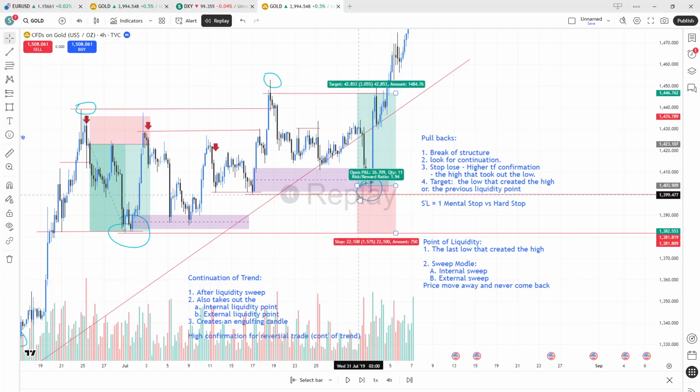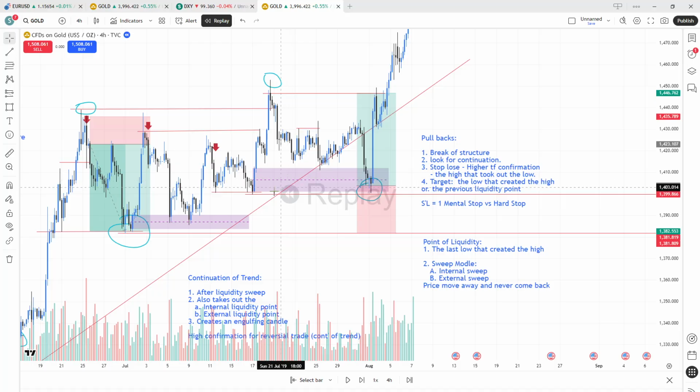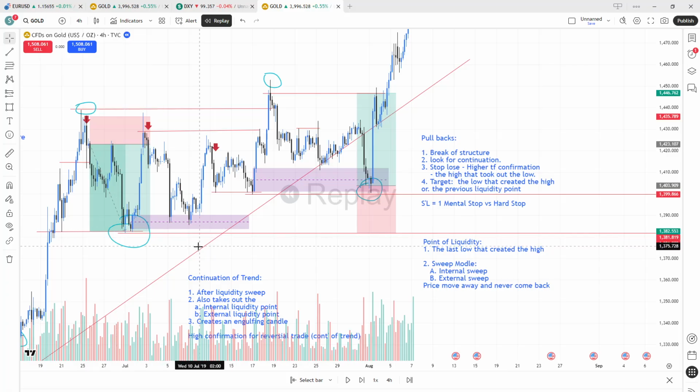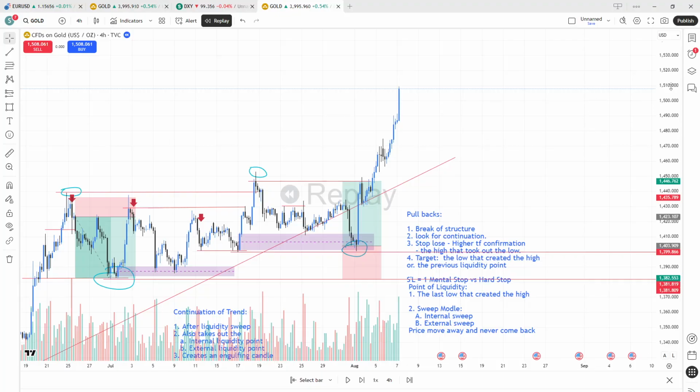They're going to shake them out with this pullback. All of them are going to sell, and then price goes for that continuation. Again, also look for the sweep model, hold your trade, and make sure your stop loss is structurally sound. You'll be all right. All right, let's continue.